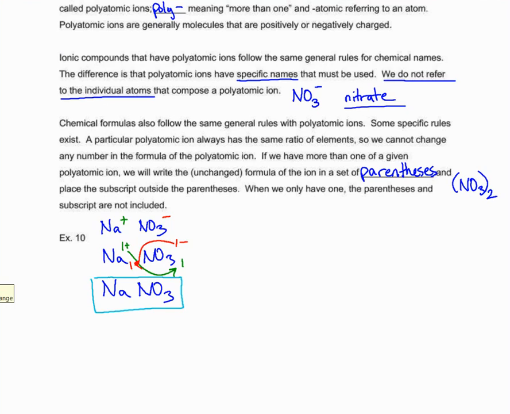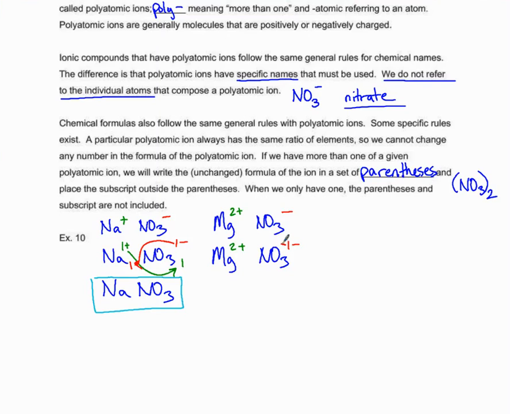So let's look at what happens if we have magnesium ions forming a compound with nitrate ions. So nitrate is -1. Magnesium is in group 2, so it's going to have a 2 plus charge. So this negative charge really means -1.